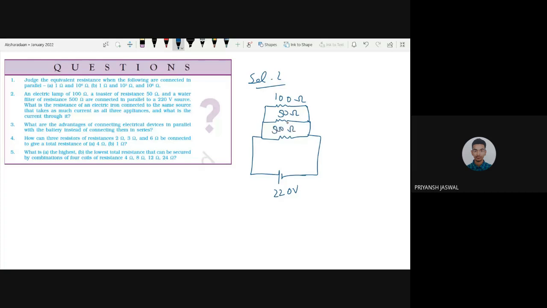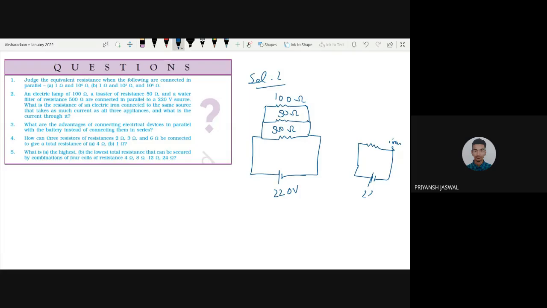So they have asked what is the resistance of an electric iron connected to the same source. Suppose there is another case where only one iron is connected. Iron means that appliance which we use to iron our clothes. Not very intuitive though. Let us continue. What is the resistance of this iron connected to the same source that takes as much current as all three appliances?